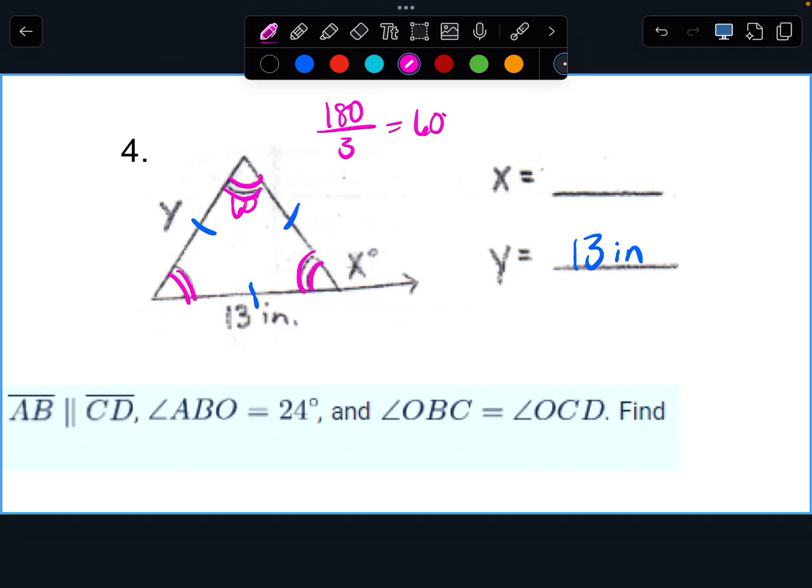All these are always 60. So for x, you could do 2 different ways. You could do the linear pair, or you could add these up to get x, because the remote interiors add up to the exterior. So it's up to you. You could subtract from 180, or you could add up the remote interiors. Okay?